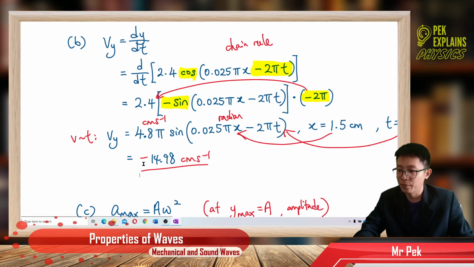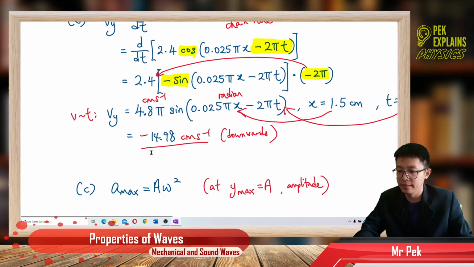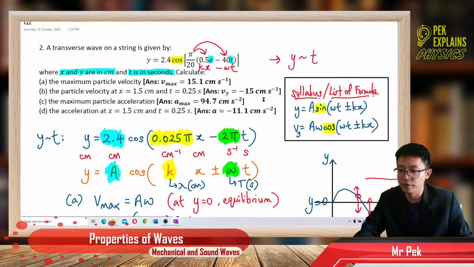Be careful. And negative means it's going downwards. Okay, that's the direction. So that's the particle velocity for this particle at this time. Yeah, negative 15.